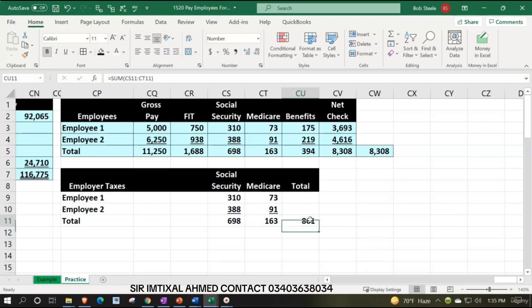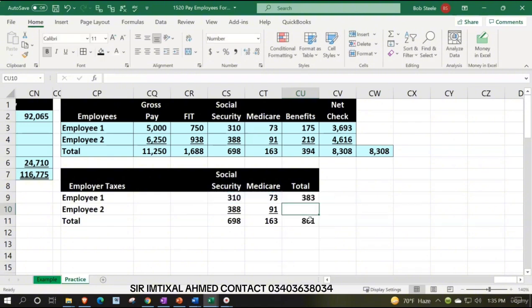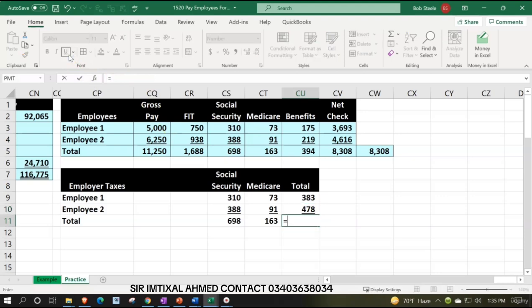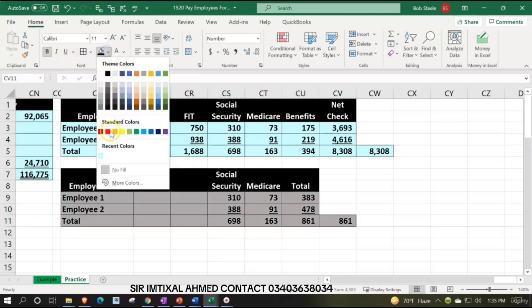And then we can also total up this way, equals the sum of these 2. Sum it up this way. Underline it. And then we can double check our total summing this way. And then we can sum it this way. Double checking the totals. And then we're going to put our blue and border this. Blue and border.